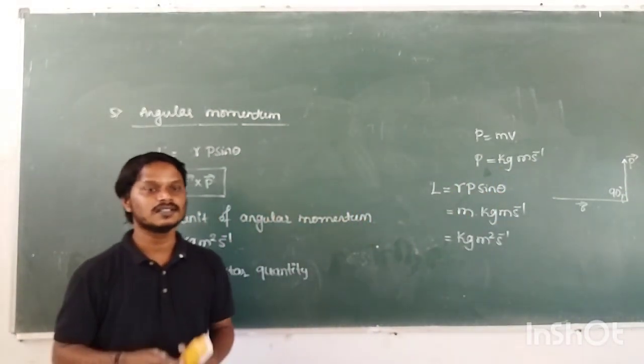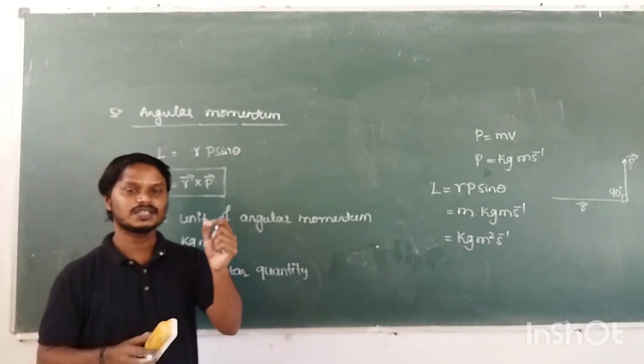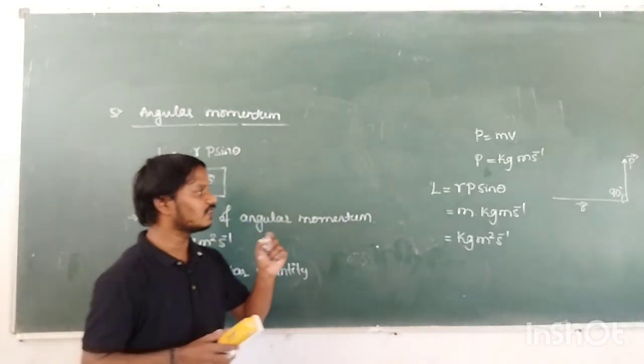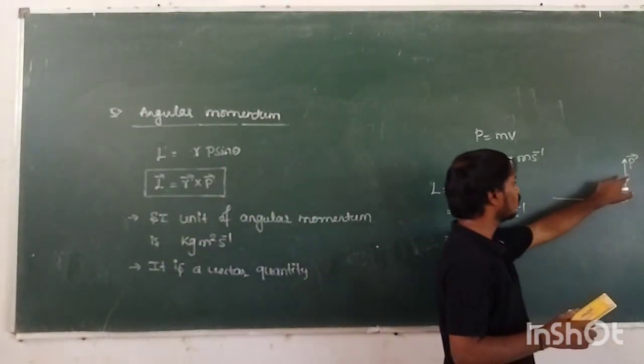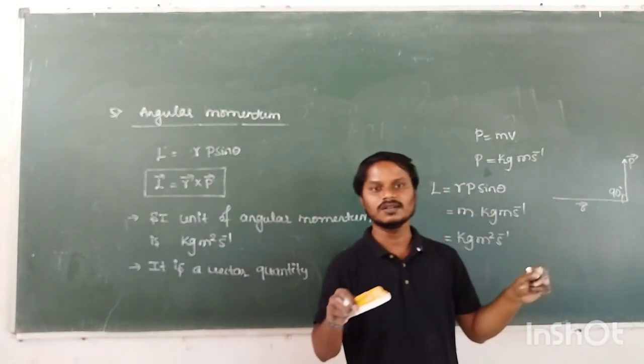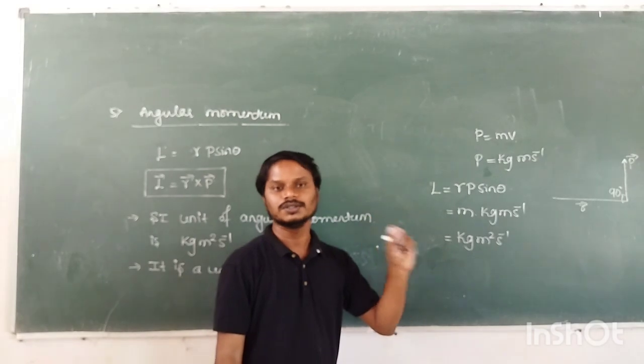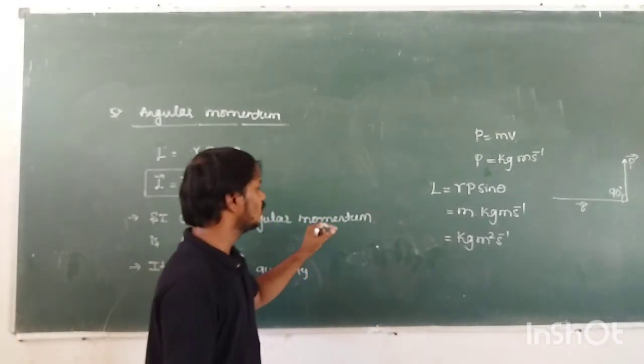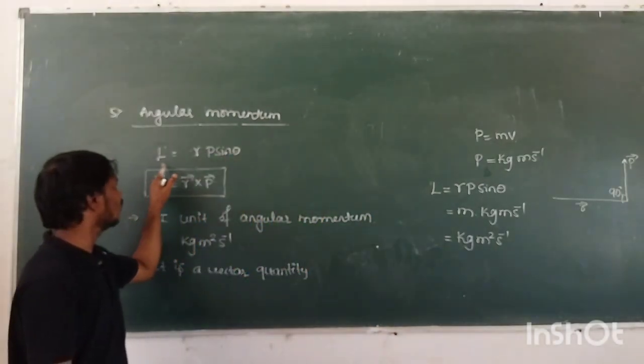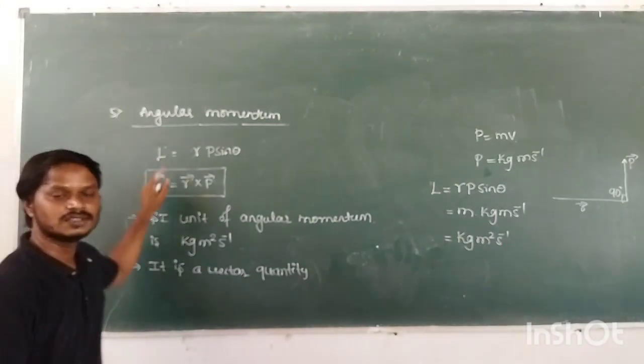And when is the angular momentum of the rotating body minimum? Only when the position vector and momentum vector are both parallel to each other, which means the angle between them is 0 degrees. Then sin 0 is 0. Hence the angular momentum of the rotating body is 0.